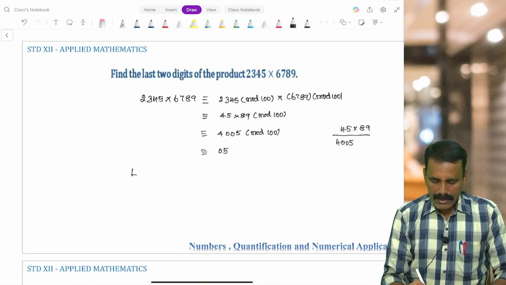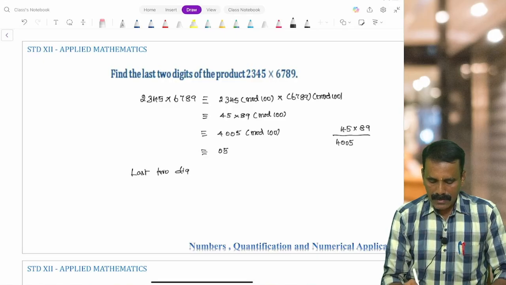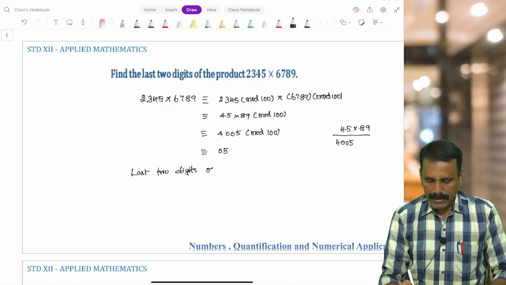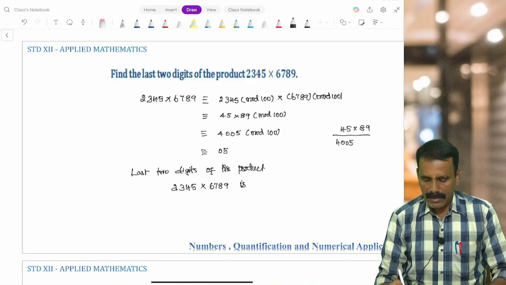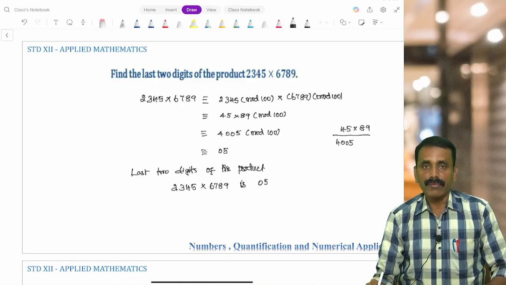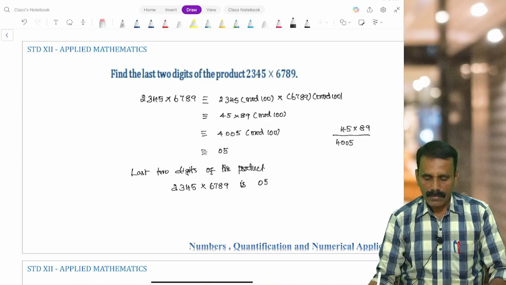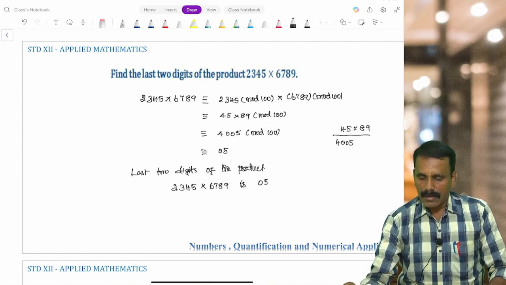So the last two digits of the product 2345 multiplied with 6789 is 05. We move on to the next question.